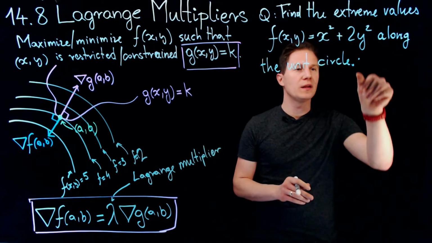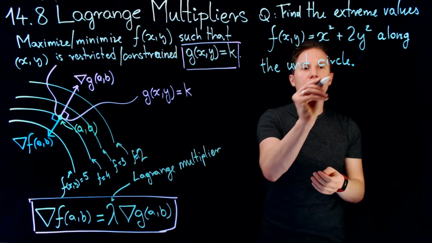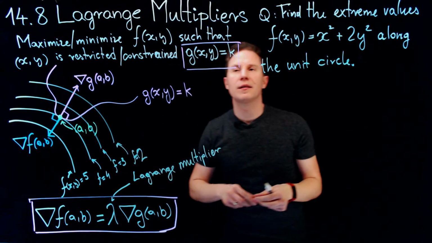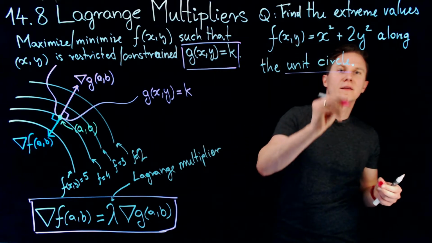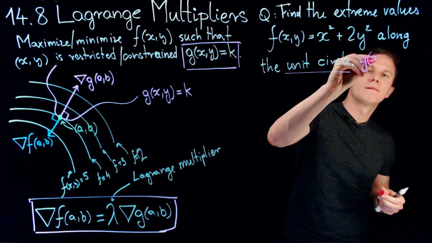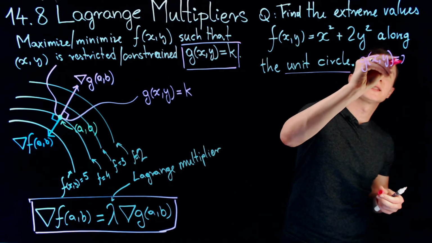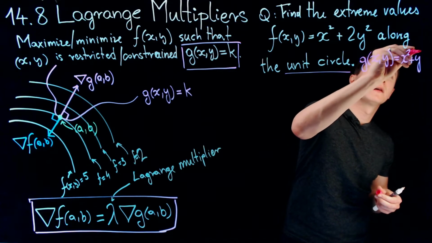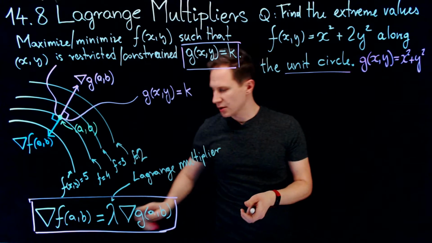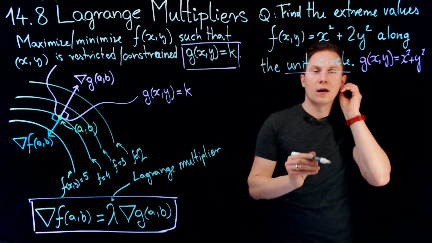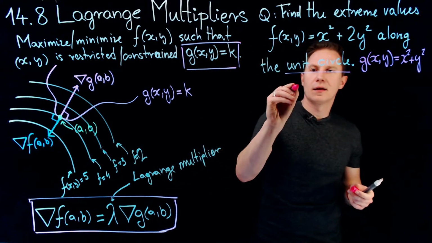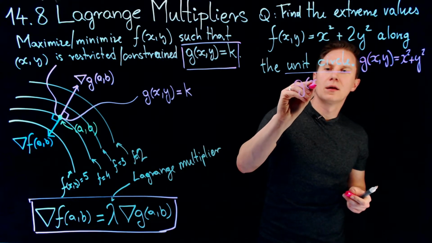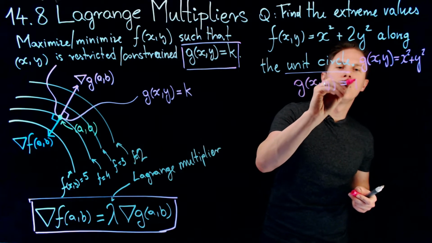I hope you paused it and realized that along the unit circle means that our function g of x and y is, in this case, just x squared plus y squared. The condition that we have to be along the unit circle is that g of x and y is equal to 1.